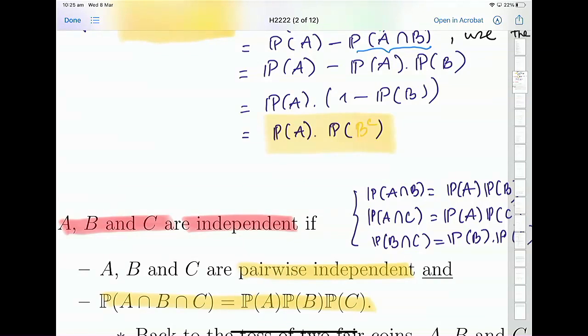It means that you pick any two events from A, B, C, and you have their independence.